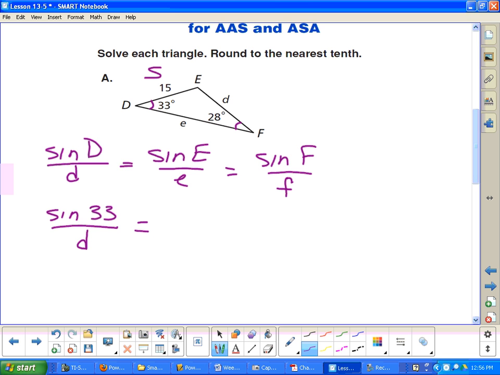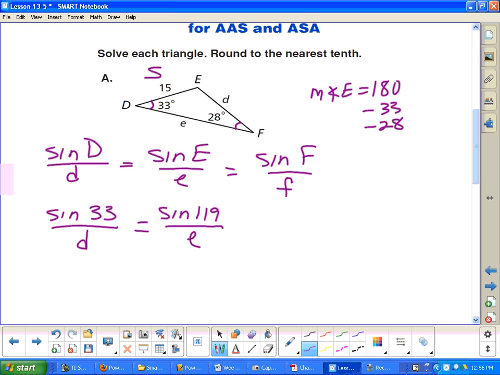So to find the measure of angle E, I will do 180 minus 33 minus 28. Which is what? 119? Okay. So we have the sine of 119 over side E, which they don't tell us what that is either.